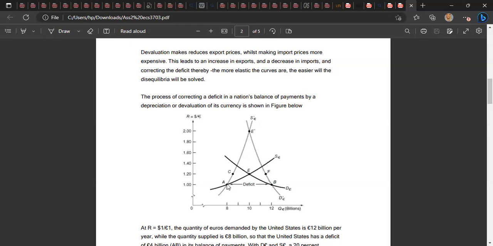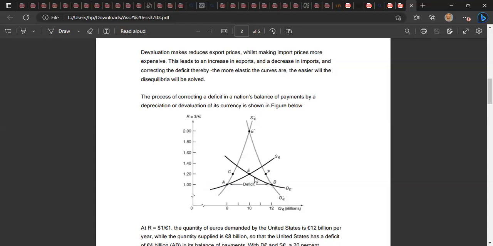As we devalue our currency, it's a movement along that curve. Remember, a movement along is a result of a change in the price of the currency. So here is the price of the currency, and it causes a movement along. Once we devalue the currency, there is a movement along that curve.